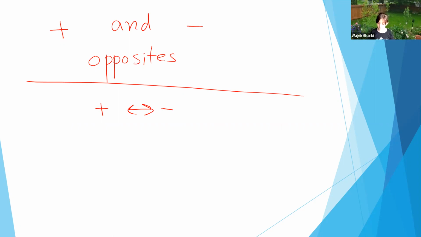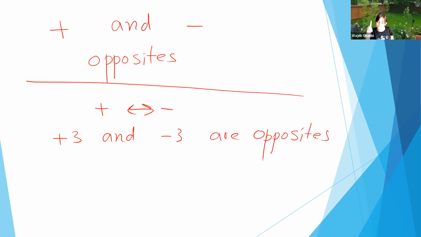For example, +3 and -3 are opposites. Okay, -7.3 and +7.3 are opposites. We can write it like that also.